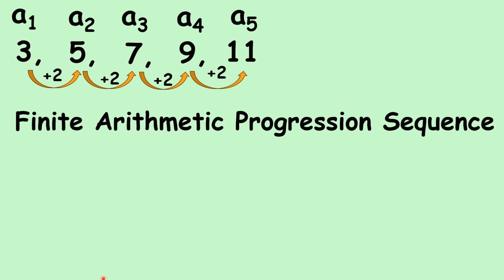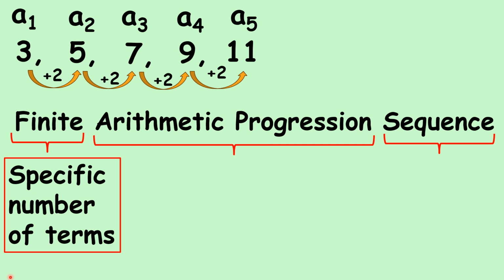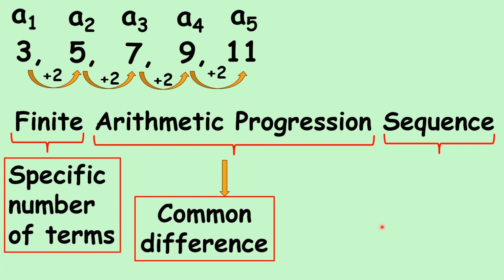Why do we call it finite? Because it has a definite number of terms which we can count. In this case, it has 5 terms. We call it an arithmetic progression because it has a common difference, which could be an addition or a subtraction.